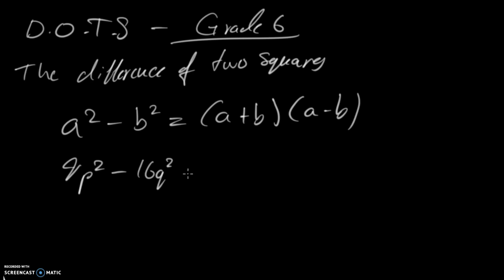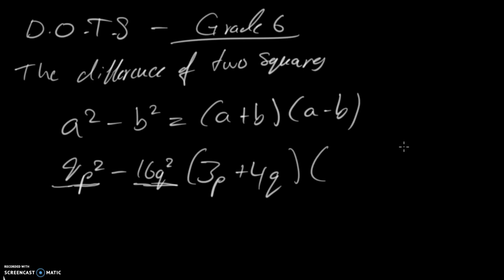Because we can tell that 9p squared and 16q squared are squared terms, we just square root them to get 3p and 4q. And then we do the same on this side, 3p, but this time we put minus 4q. As we can see in the formula, a squared minus b squared is a plus b, which is here, and a minus b, which is there.